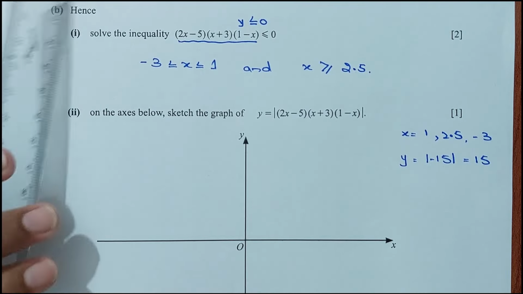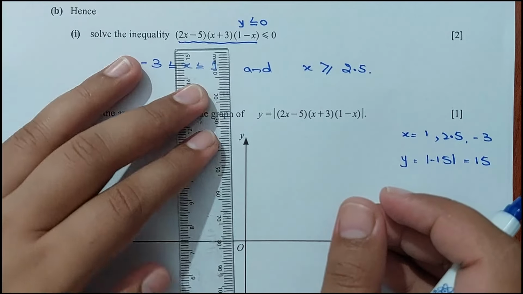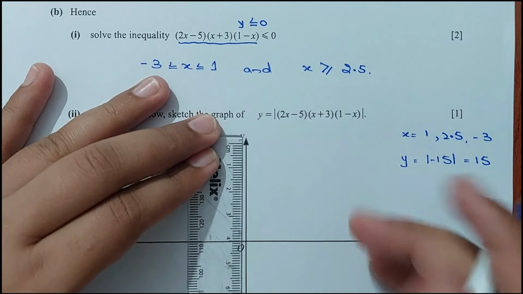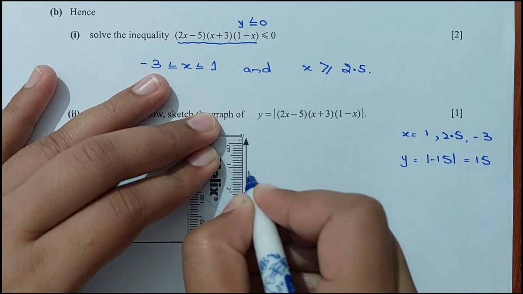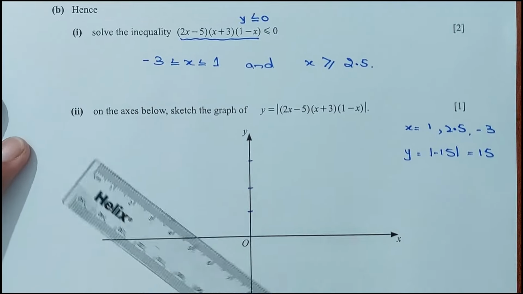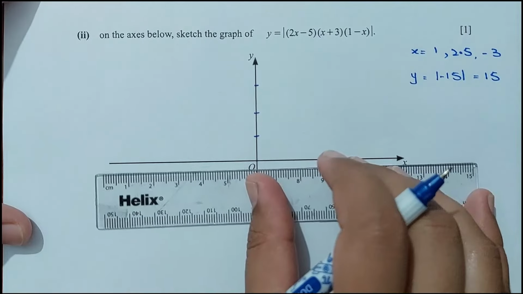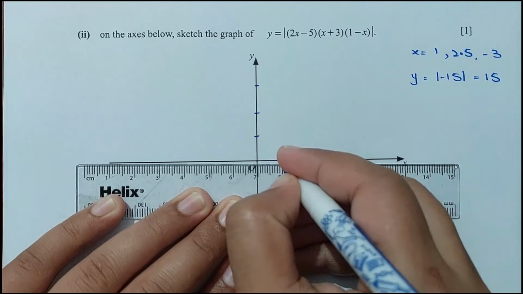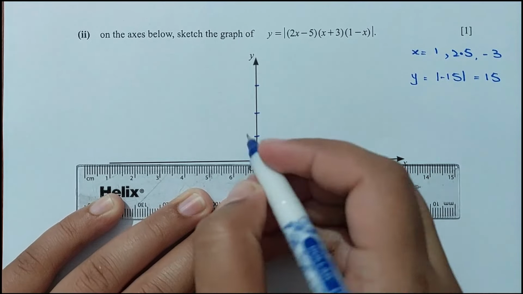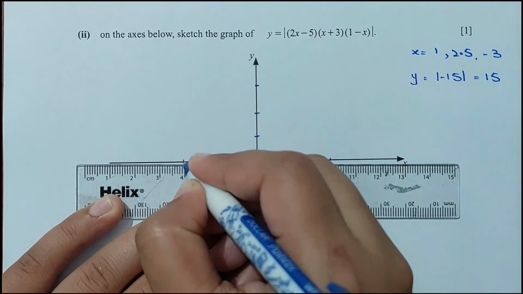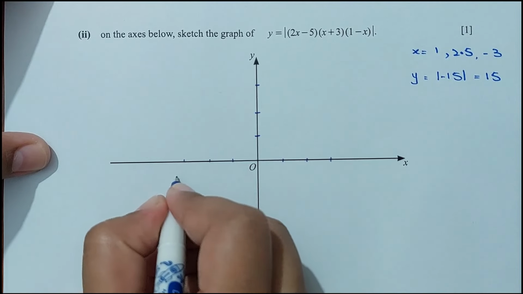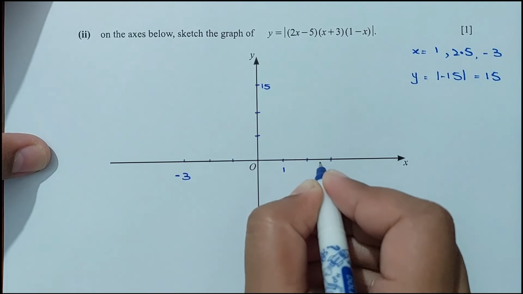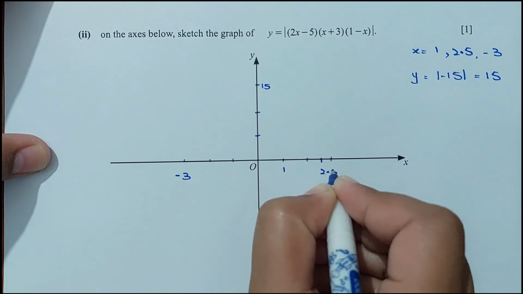So let me sketch this one. Say this is 1, 2, 3, and over here 1, 2, 3, minus 1, minus 2, minus 3. If this is minus 3, this is 15, this is 1, this is 2.5.